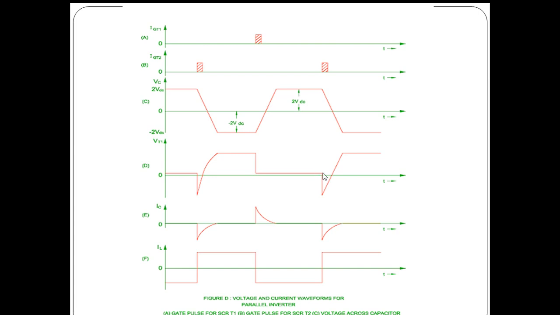When the capacitor charges, that voltage will appear across thyristor T1 in the reverse direction, and the load current will flow through the secondary of the transformer.